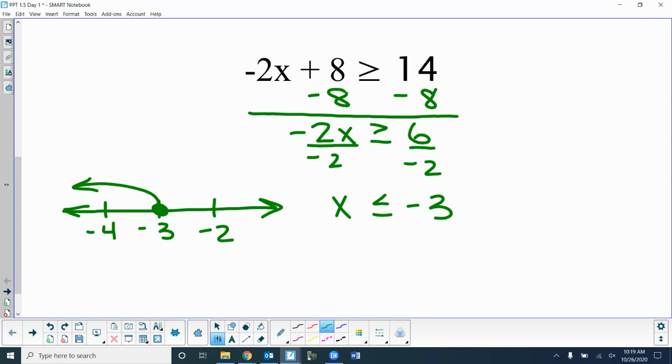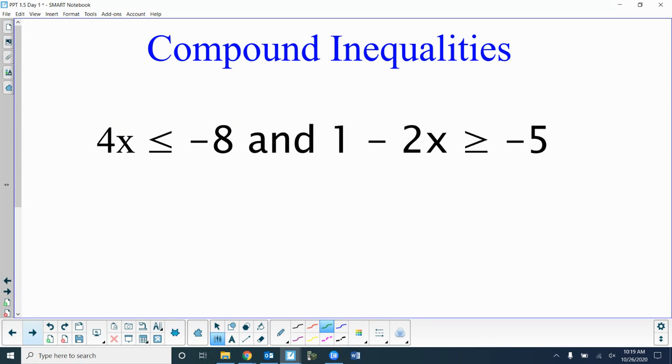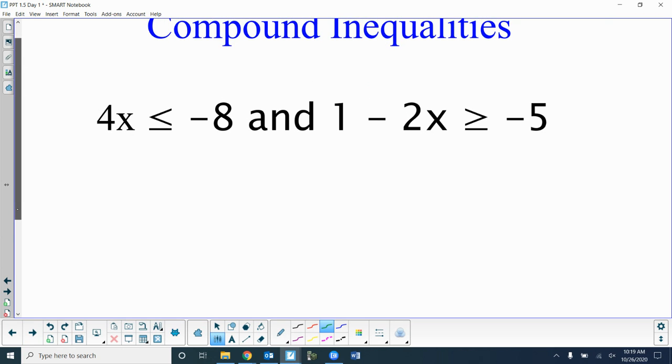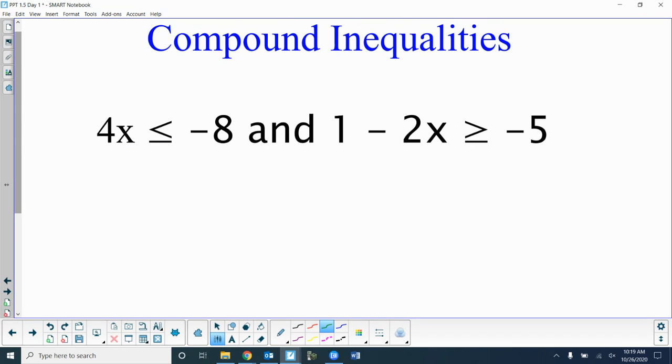All right. Another type we're going to look at today is called compound inequalities, where you got more than one. Okay? Same thing, you're just going to do 2. But then you're going to graph the 2 answers on the same number line when you have a compound one. So we're going to divide both sides by 4.